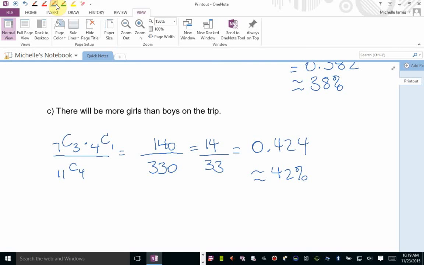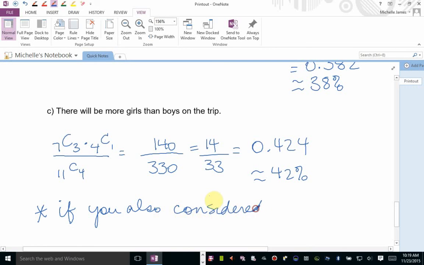All right, so let's put a star. If you also considered 4 girls in this scenario, it's a really good question, you guys.